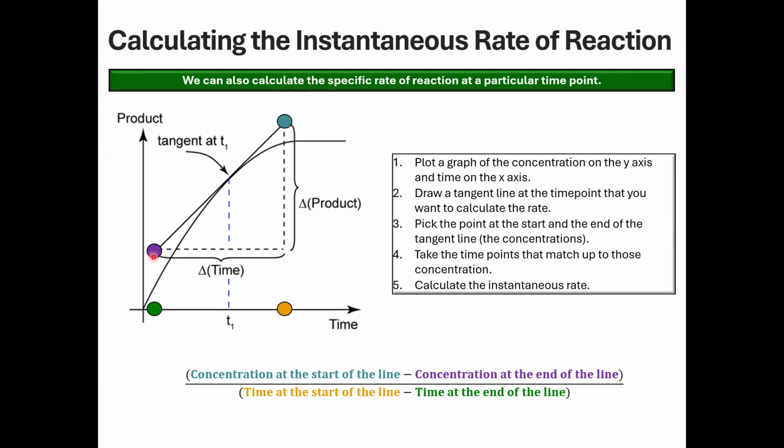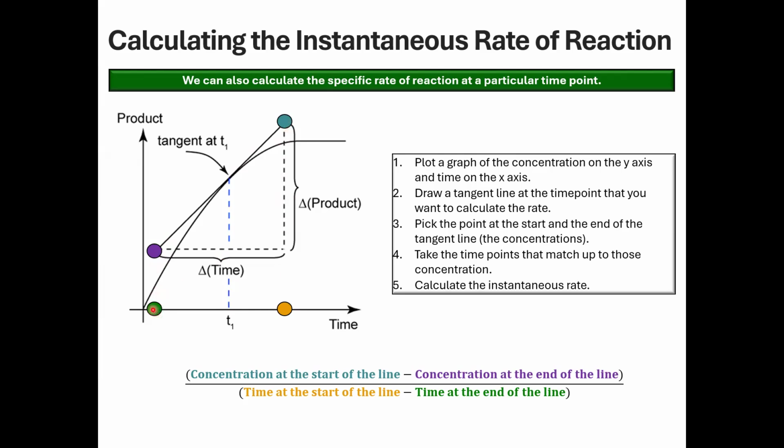The concentration at the end of the line is somewhere down here. Then you take the corresponding time. If you took that concentration there, you look down to see what the time was, and again, that will be a certain value. The very same thing here: you have a concentration at the end of the line, and you drop it down to the time at the end of the line there. So they correspond with each other there and there.